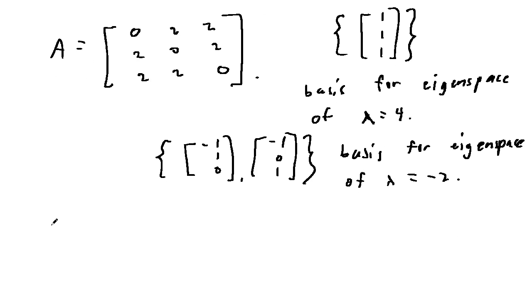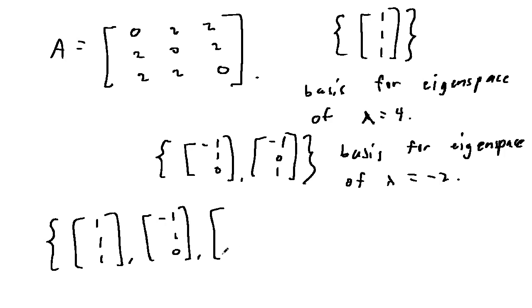The set of eigenvectors consisting of all of those forms a linearly independent set.